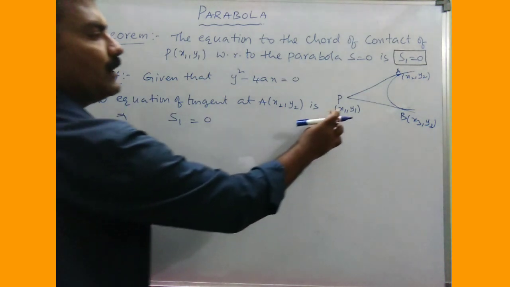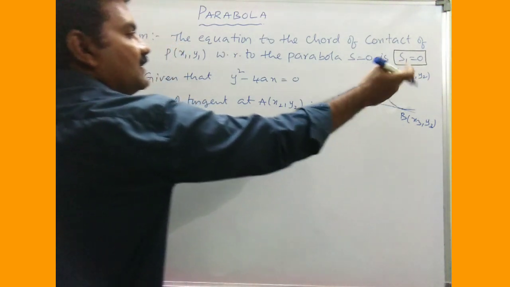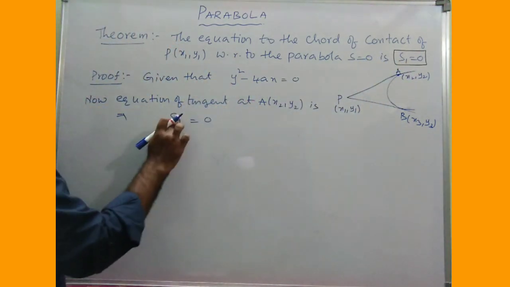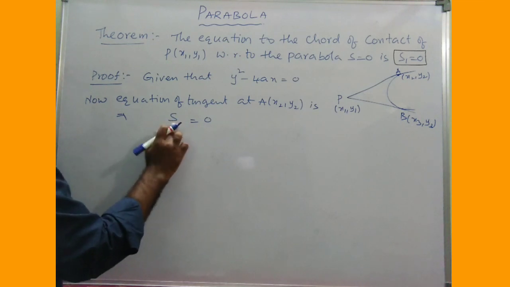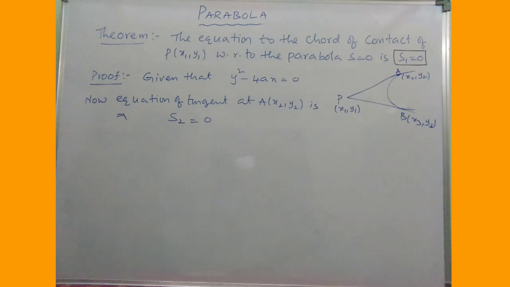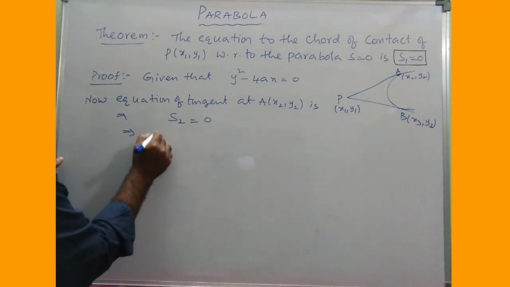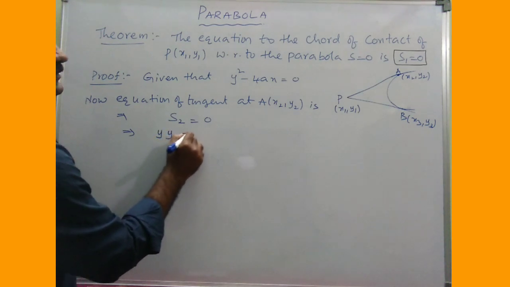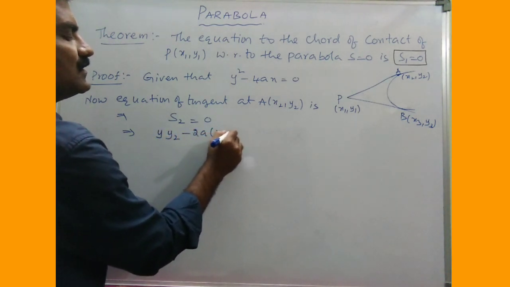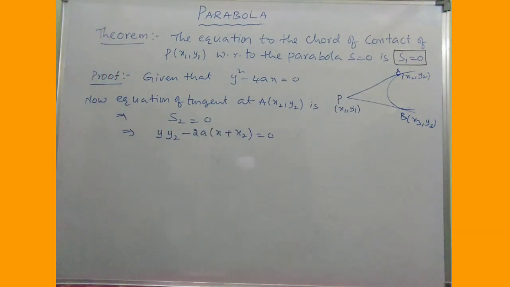Here (x1, y1) is already reserved for P, and now I am talking about A, where the point is (x2, y2). Hence, instead of S1 equals 0, we consider S2 equals 0. That implies S2 means y y2 minus 2a into (x plus x2) equals 0. This is one of the best chapters, my dear. You need to concentrate a little bit more.